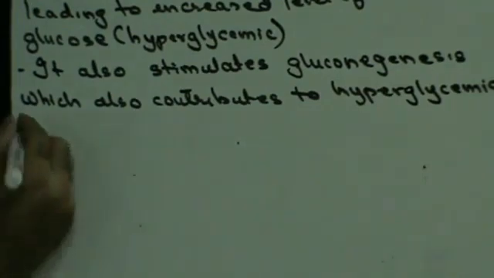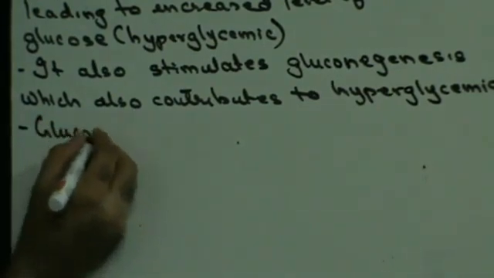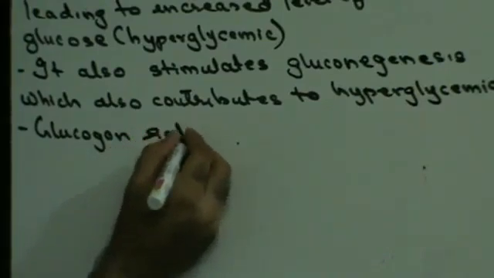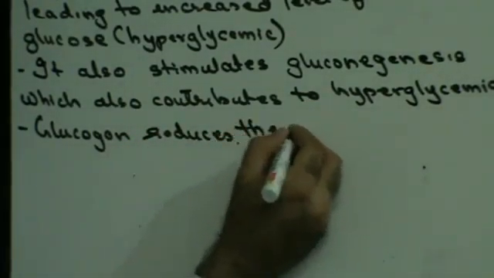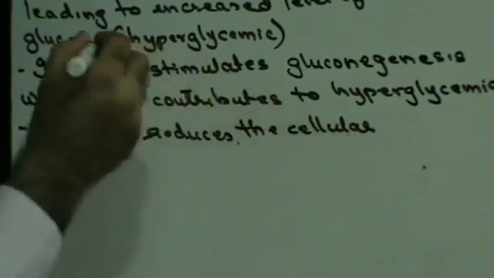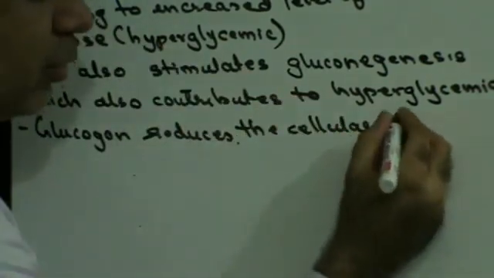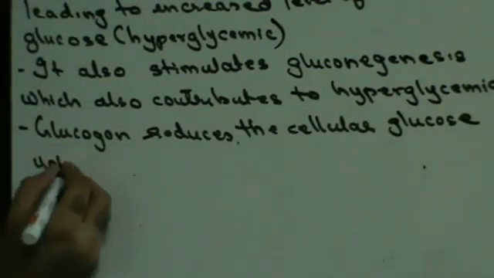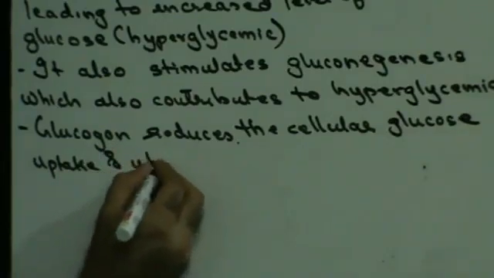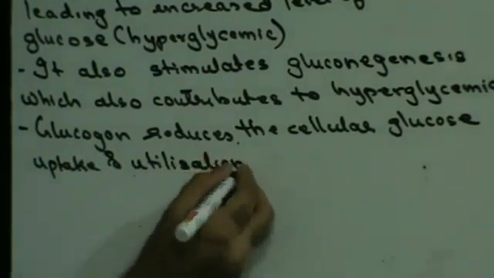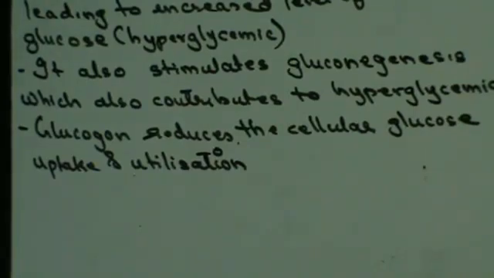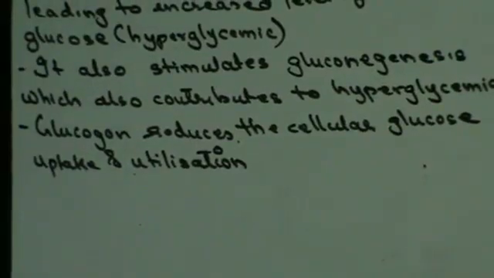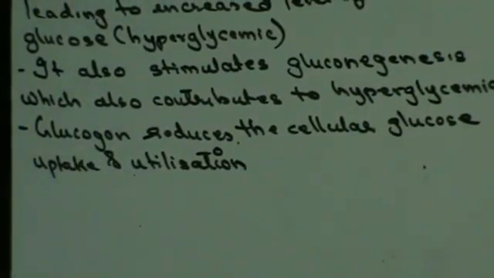Glucagon also reduces the cellular glucose uptake and utilization. So those are the actions of the hormone generated by the alpha cells. The alpha cells secrete glucagon.